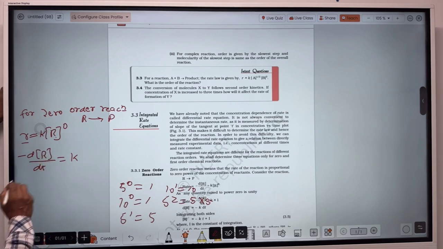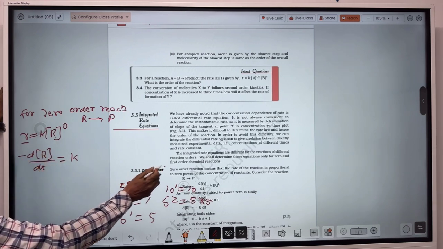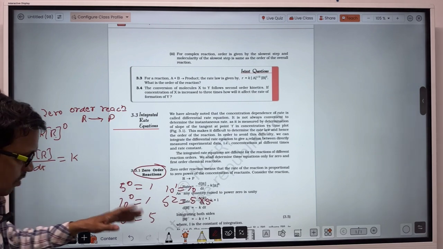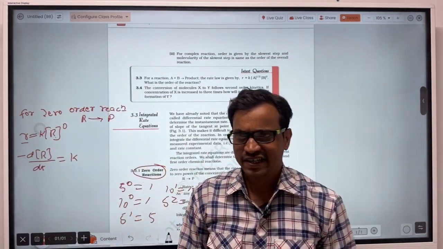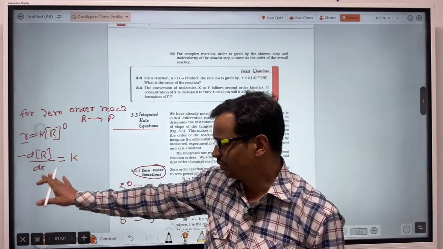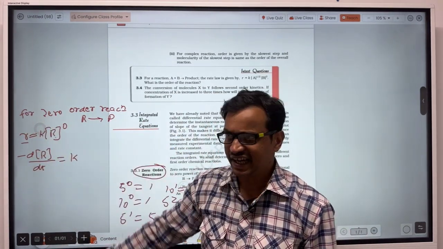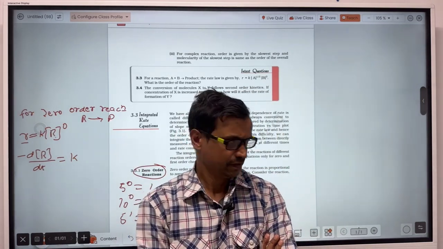So minus dR by dt will equal k. You always have to make it dR equals minus k dt in a zero order reaction as well as in a first order reaction. Guys, for the IIT Main examination, you should watch how I derive this for the zero order and first order reactions.